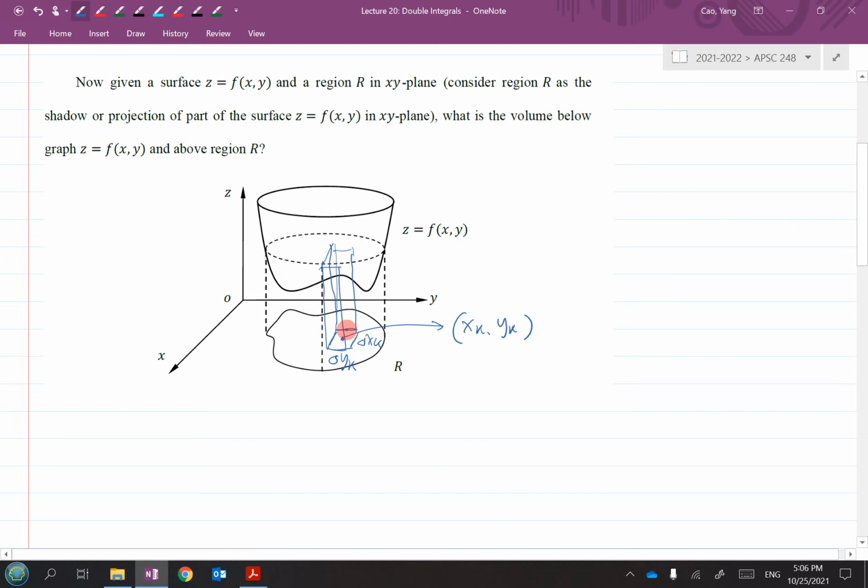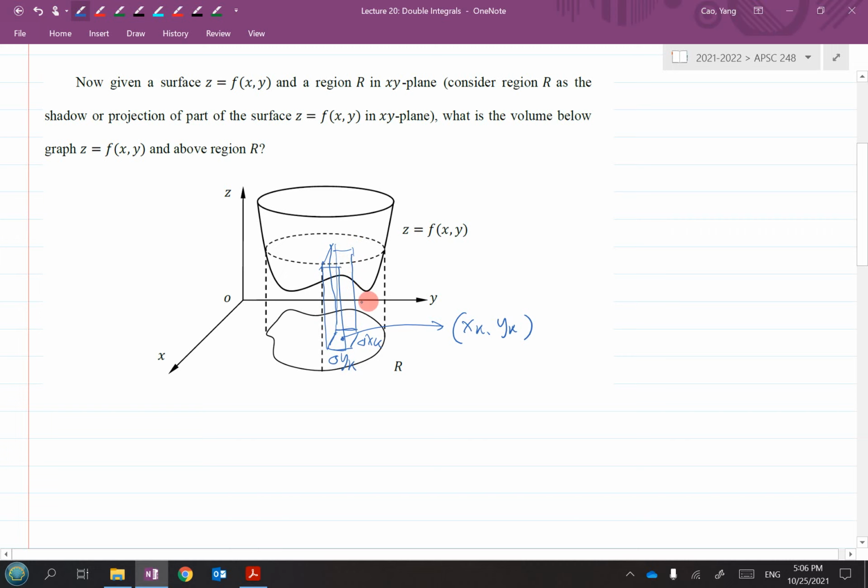So basically extrude it up to the surface. Right? So you're creating essentially more or less a rectangular box. But of course the top of the box is the surface. Technically it's not a flat surface, right? But if you create it small enough, you can still think of it as a rectangular box.